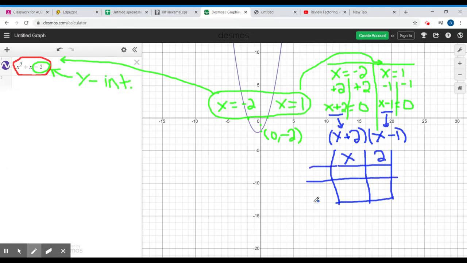I brought the x term to here, I brought the 2 to there. So now I bring down this x and minus 1.